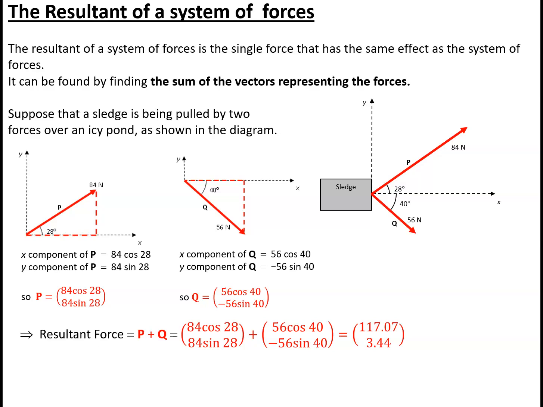Adding the x components, 84 cos 28 plus 56 cos 40 gives me 117.07. Adding the two y components, we've got 84 sine 28 plus minus 56 sine 40, which just gives me 3.44. So the resultant force is 117.07, 3.44.